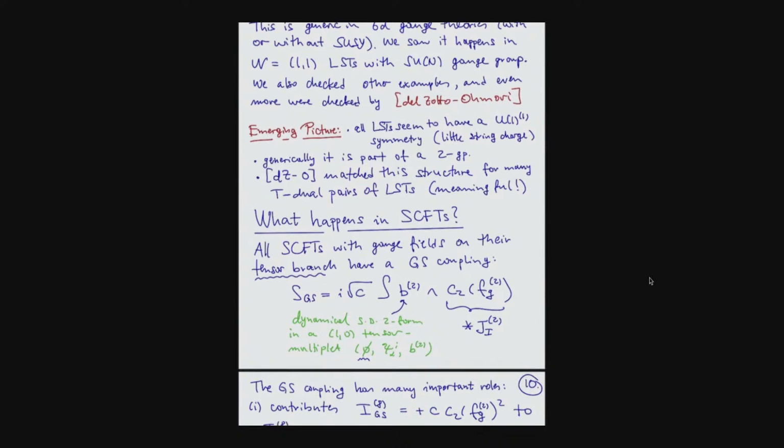Good. So this is the story that I wanted to tell about the string theories and introducing two-group symmetry in that context. In the rest of the talk, what I want to quickly sketch is how this story is modified if the theory that you flow to in the infrared is a superconformal quantum field theory.